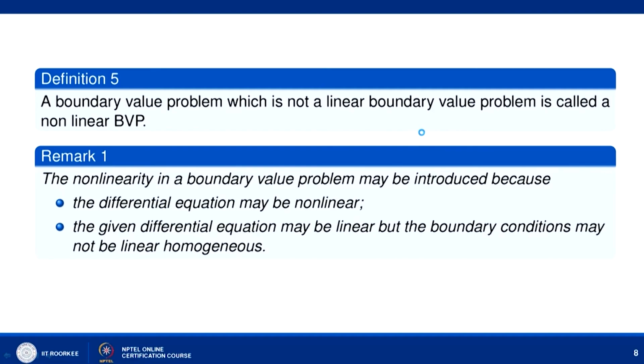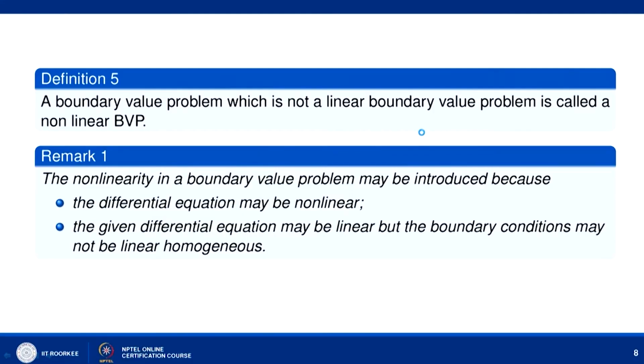Now, we again define the classification of boundary value problems in terms of linear and non-linear. A boundary value problem which is not a linear boundary value problem is called a non-linear boundary value problem, and this is happening because non-linearity in a boundary value problem may be introduced because of the following thing. The first thing is the differential equation may be non-linear, right.